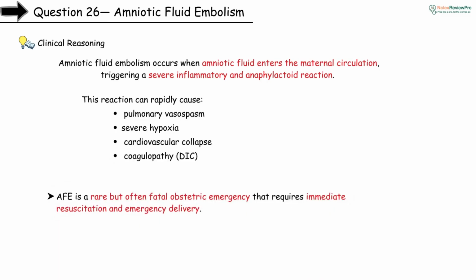Amniotic fluid embolism occurs when amniotic fluid enters the maternal circulation, triggering a severe inflammatory and anaphylactoid reaction. This rapidly leads to pulmonary vasospasm, severe hypoxia, cardiovascular collapse, and coagulopathy in the form of DIC. This is a rare but often fatal emergency requiring immediate resuscitation and rapid delivery.